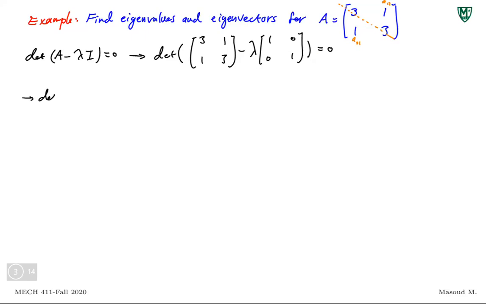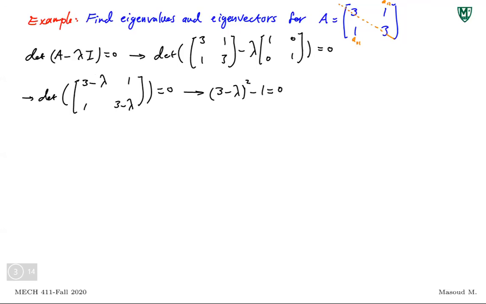So that would be determinant of [3 minus lambda, 1; 1, 3 minus lambda] is equal to 0. How do we find the determinant of a 2 by 2 matrix? Well, these two, I'll multiply them together: 3 minus lambda squared minus 1 is equal to 0.